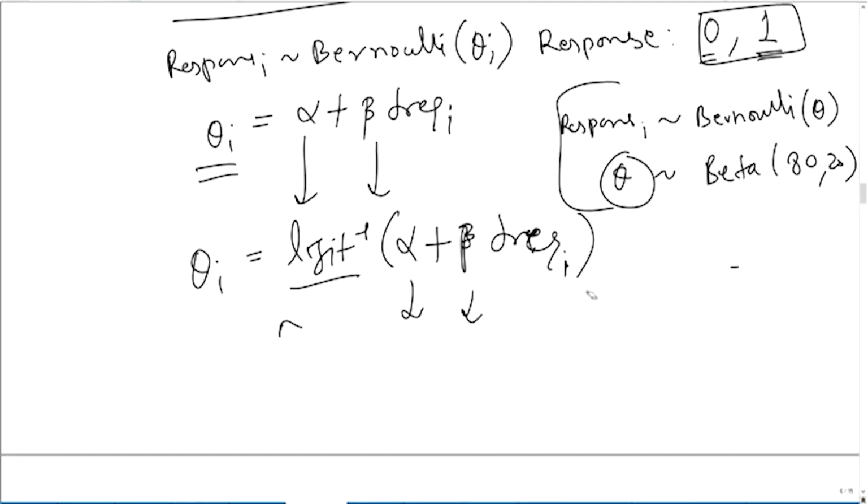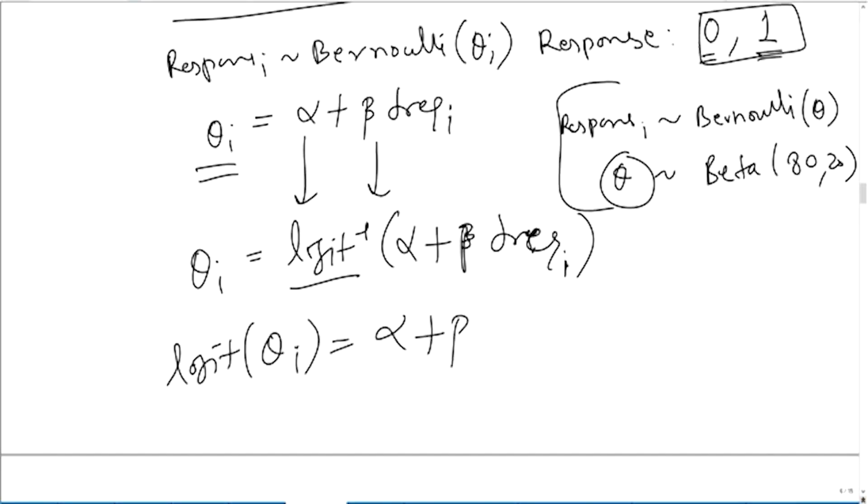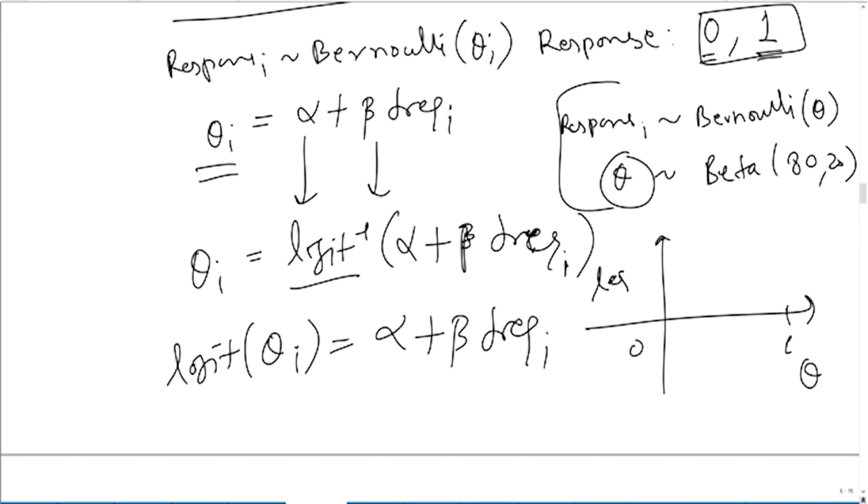Anyway, the other way to write the same equation is like this. You can write logit of theta i equals alpha plus beta into frequency i, right? So the relationship between theta and logit theta is like this. So at 0.5, the value of logit theta is 0.